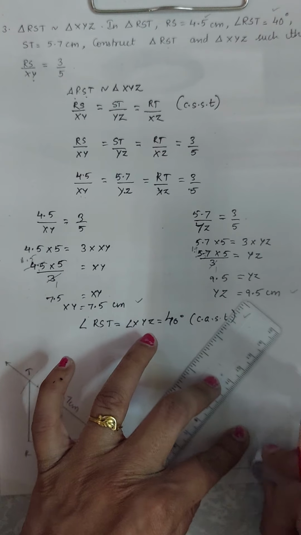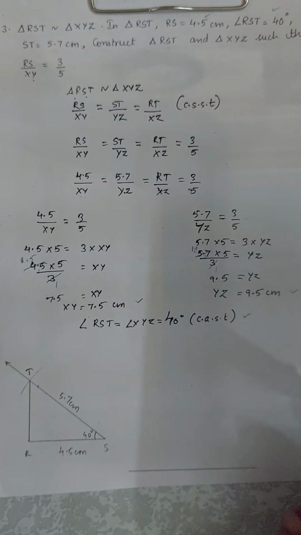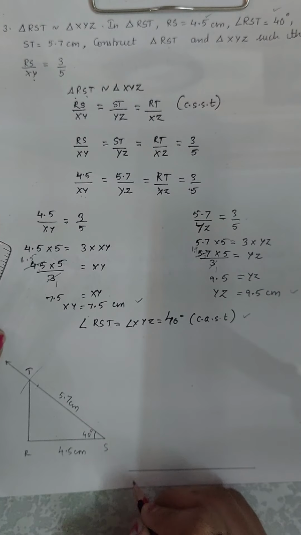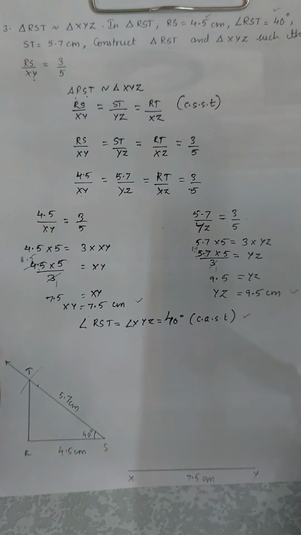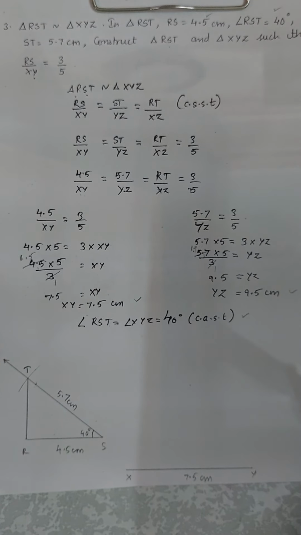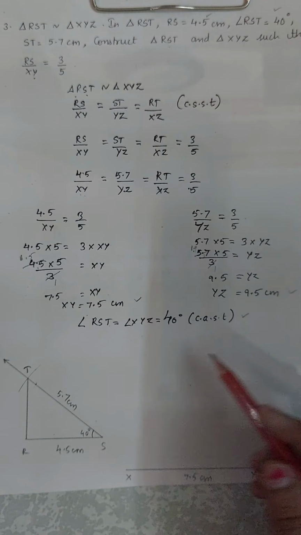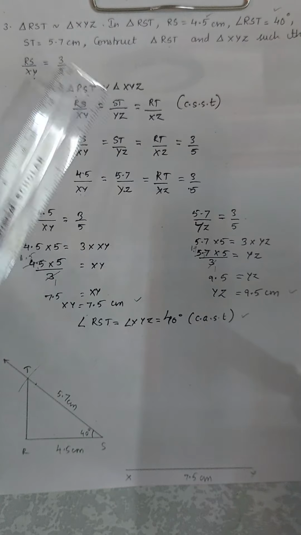So this is going to be 7.5. Okay, I will draw XY, 7.5 centimeter. Okay, then what is given? What else? YZ is 9.5. We'll see that later, but first we'll draw an angle of 40 degrees.